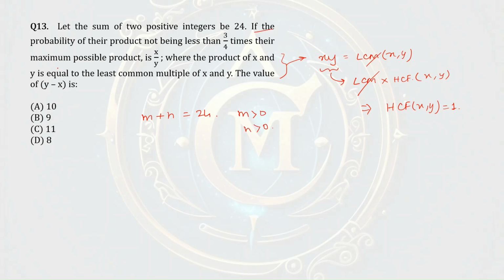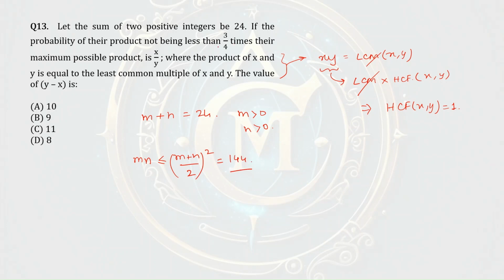Now if the probability of their product not being less than 3 by 4 times their maximum possible product, we can apply the AM-GM inequality here because m and n are positive integers. So the maximum possible value of the product mn will be (m plus n by 2) whole square. That means 144 in this case.